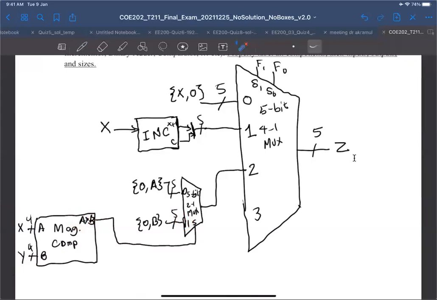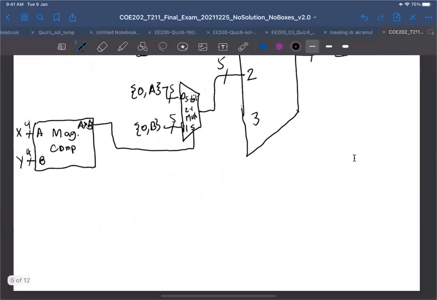Similarly, for the other one, which is line number 3 of this, again this is 5-bit.